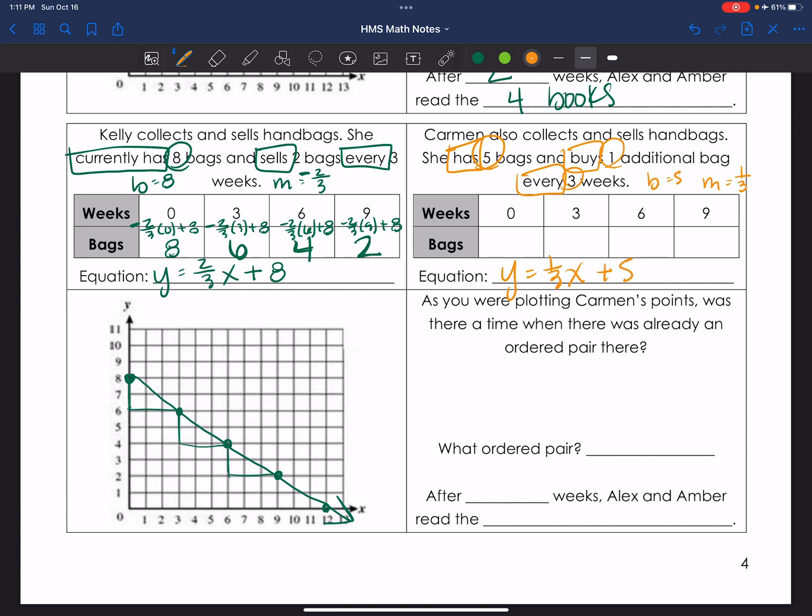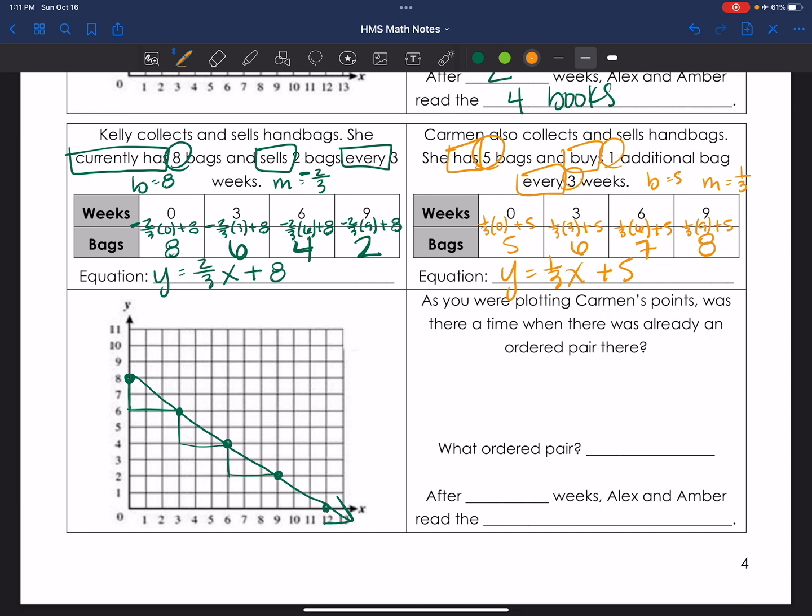All right, let's substitute in and figure out our table. 1/3 times 0 plus 5 equals 5, because anything times 0 is 0. 1/3 of 3 is 1, plus 5 is 6. 1/3 of 6 is 2, plus 7 is 7. 1/3 of 9 is 3, plus 5 is 8.